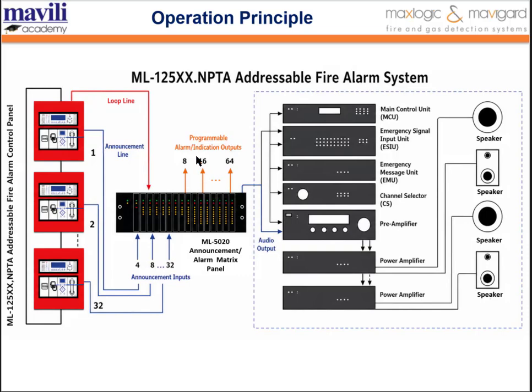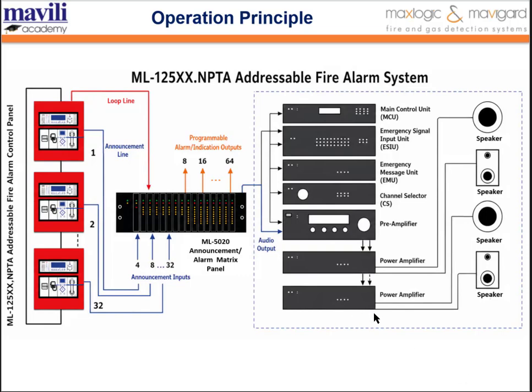Thanks to this equipment, integration between the fire alarm system and announcement system should be ensured, allowing the announcements to be used as an emergency audible alarm. Also, thanks to these alarm matrix panels, it's compatible with intelligent addressable fire alarm control panels. Cause and effect scenarios based on fire information can be established, and the desired outputs can be activated in case of an event.